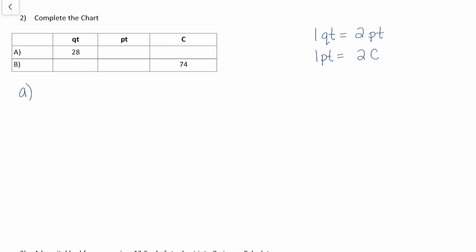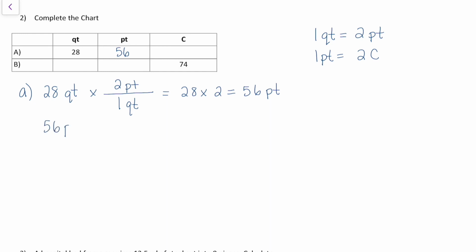Okay, so for A, we have 28 quarts. I want to go to pints, so I'm going to multiply. I'm going to put my quarts on the bottom, my pints on top. So I'm going to do 28 times 2, which is 56 pints.